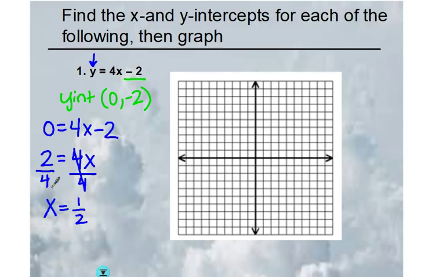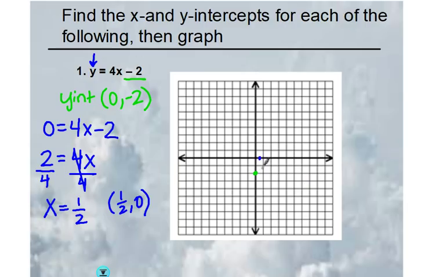So now I'm going to go ahead and plot those 2 points. This one would be at the point 1/2, 0. So 1/2, 0, here would be my x-intercept. And up here, 0, negative 2, down here actually would be my y-intercept. And then you could draw in your line. Now let's just see if this thing checks out.